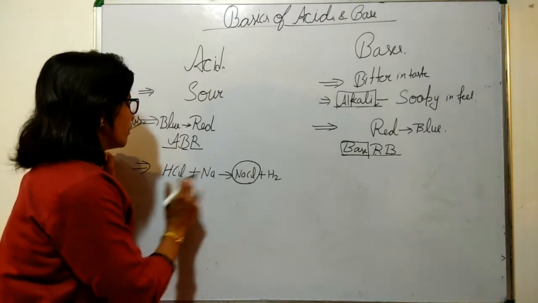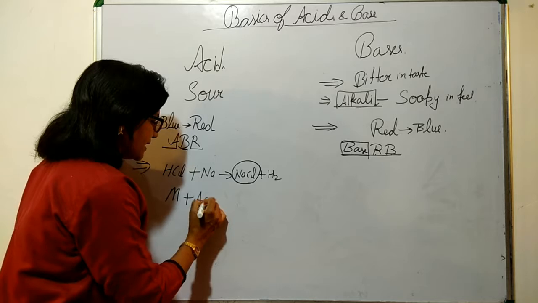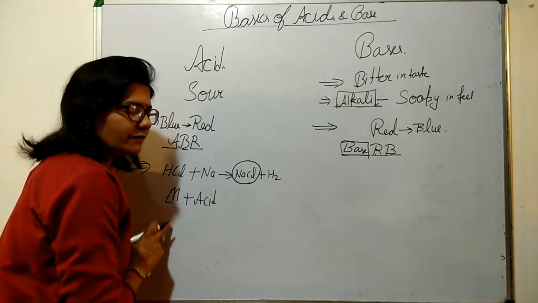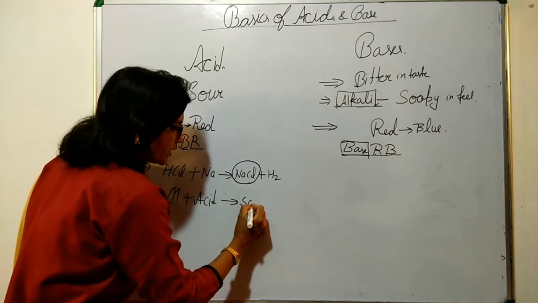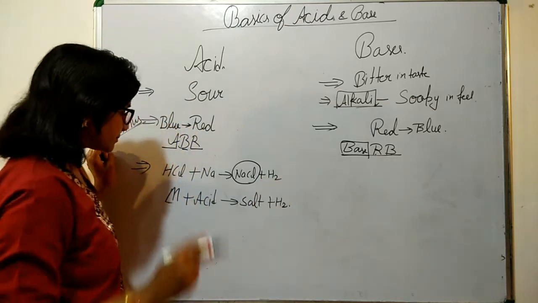Always remember when the metal reacts with acid, it also depends upon its activity, but if it reacts with the acid, it always forms its corresponding salt and releases hydrogen gas.